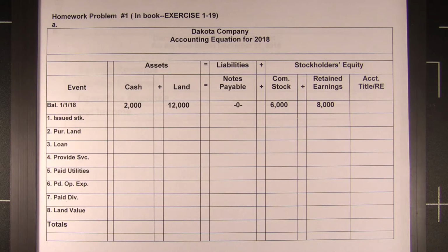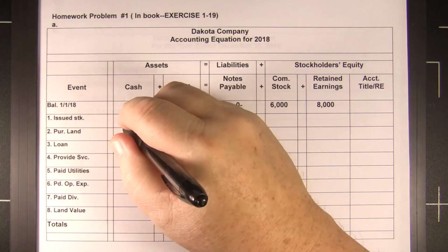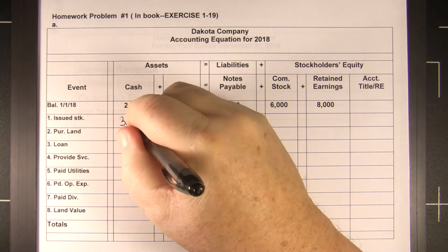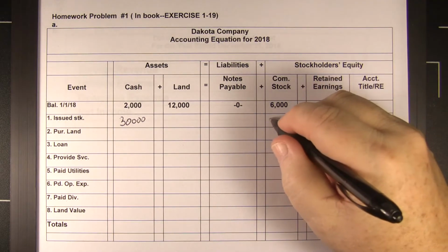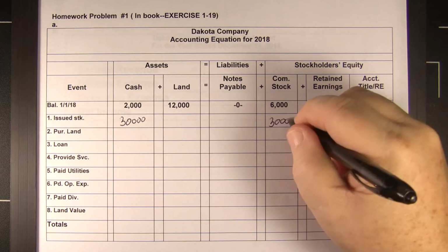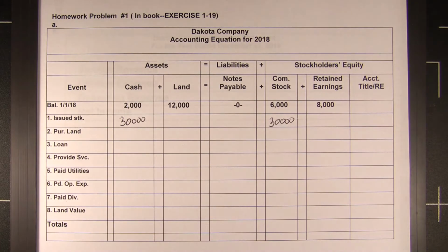They issued stock. In other words, they sold stock, they got cash. So that's $30,000 in cash and $30,000 in common stock. Remember, we have to put it on both sides so that both sides balance.